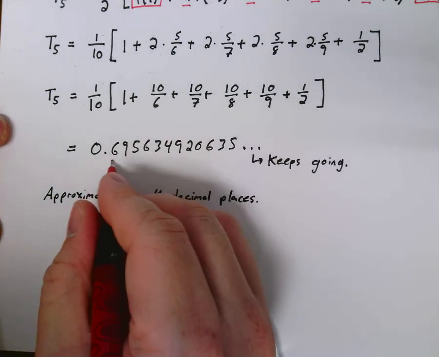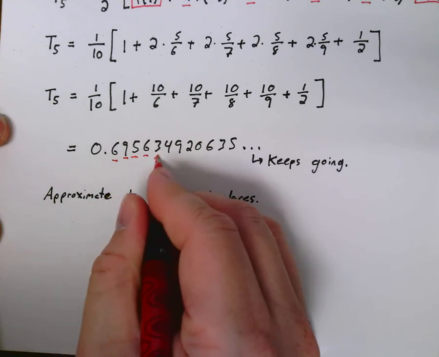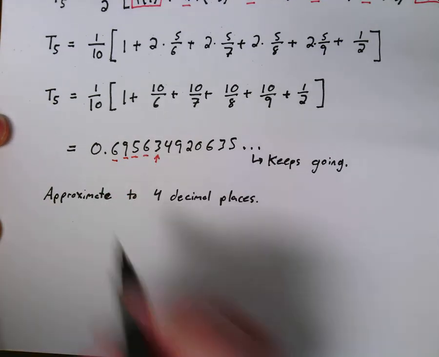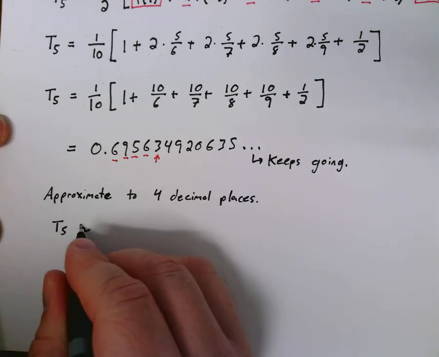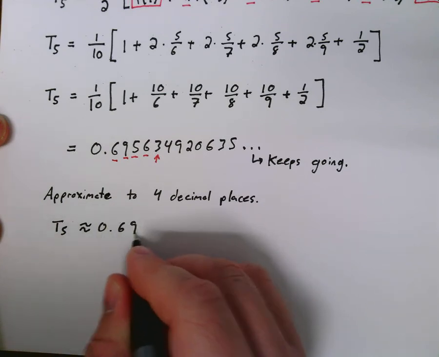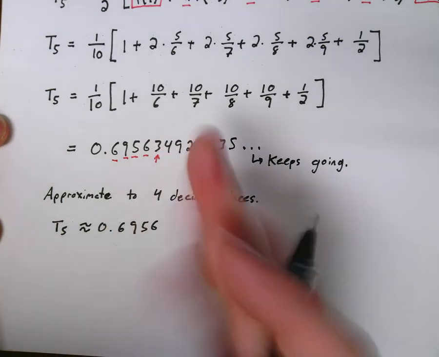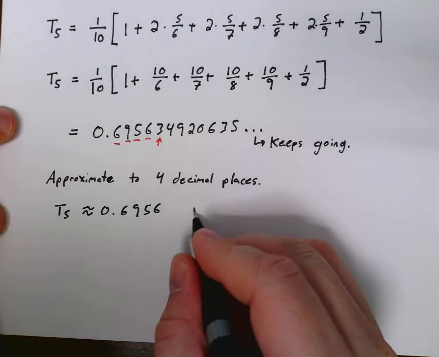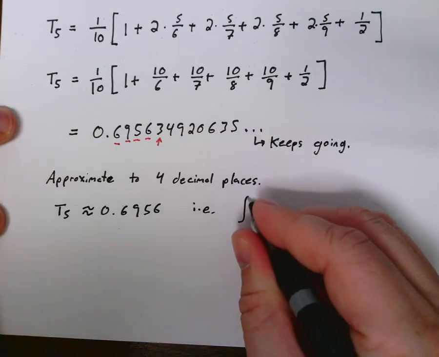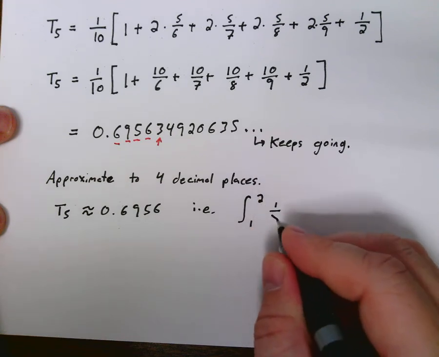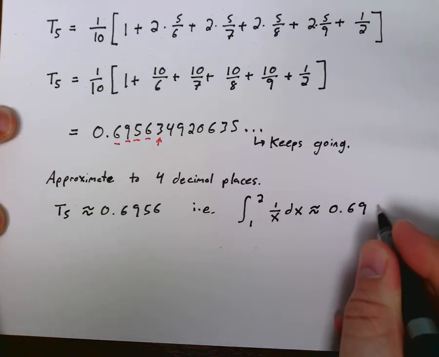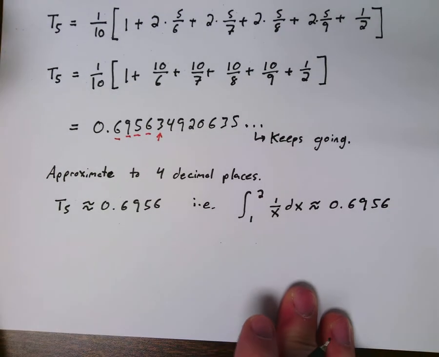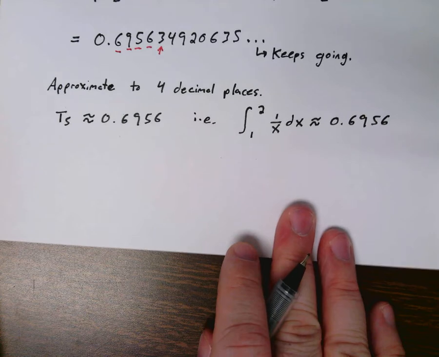So that's going to be 1, 2, 3, 4, and I look at this little guy to tell me if I round up or round down, and we see that T of 5 is approximately 0.6956. Since that's a 3, obviously you're not going to round that up. So what this means is that the integral from 1 to 2 of 1 over x dx is approximately 0.6956.